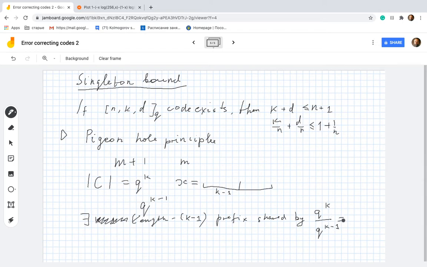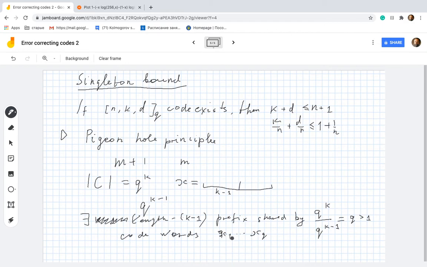And this is q, and it is important that q is at least 2, so more than 1 code word. We call those code words x1, ..., xq.